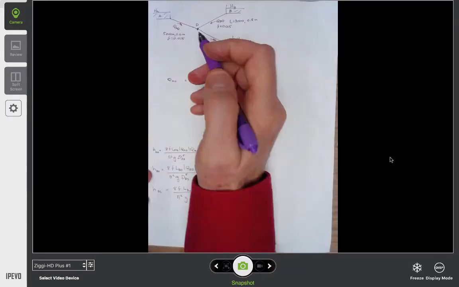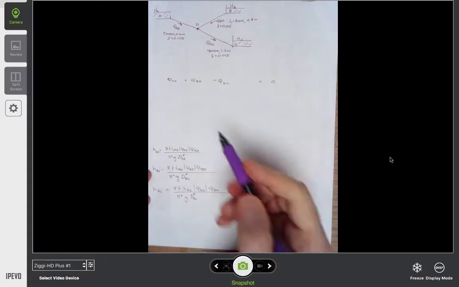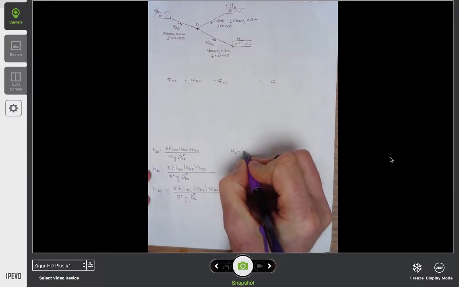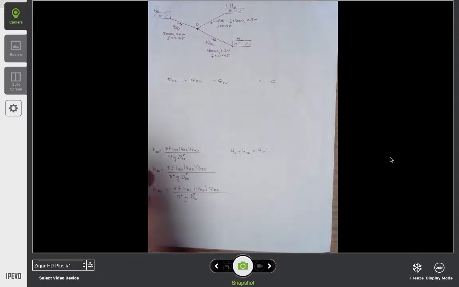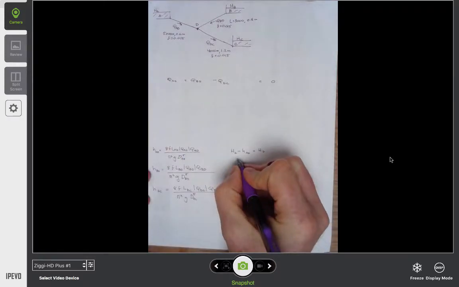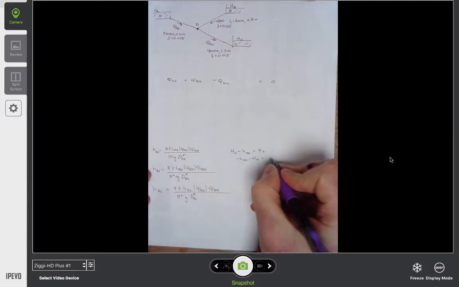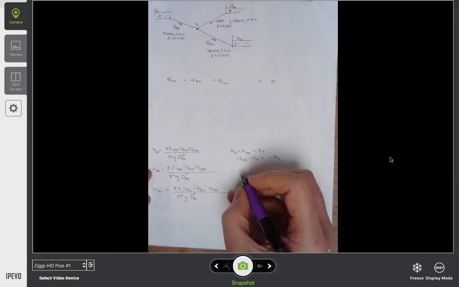So now we're just going to write the energy equation from reservoir A to reservoir D. So let's write that. We have HA minus HAD equals total head at D. Let me manipulate that a bit. I'm going to have minus HAD minus HD equals minus HA. Let's look at BD.